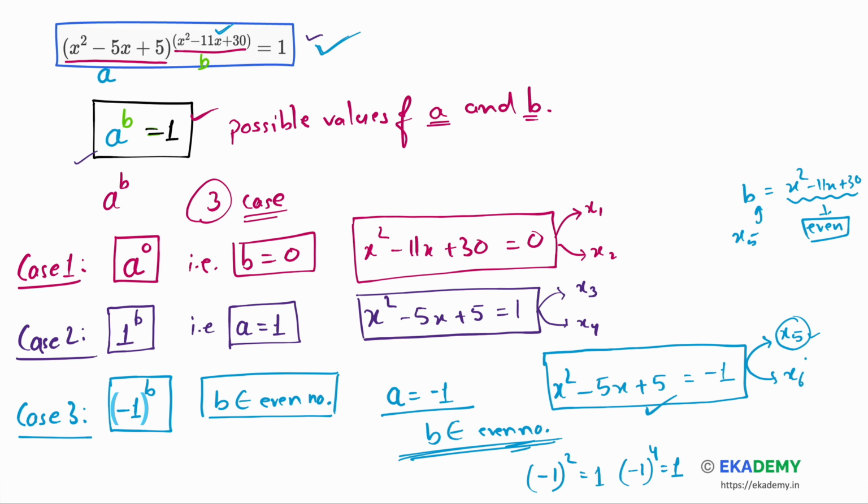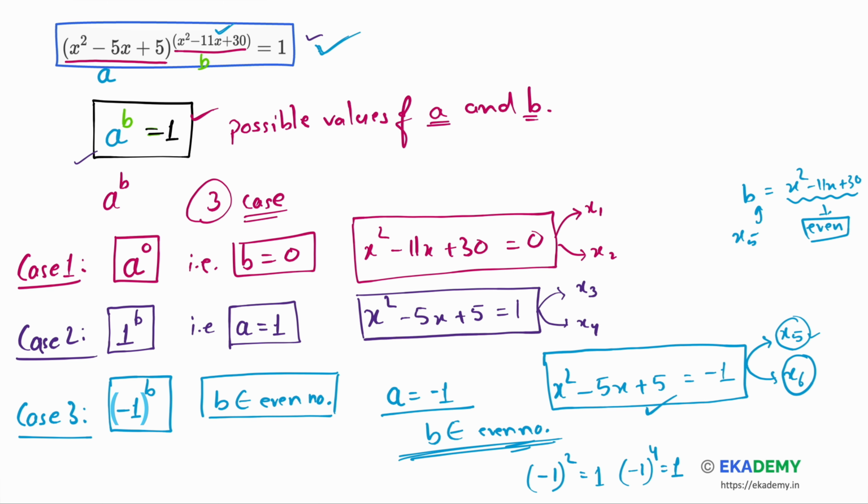So, if either of these two solutions satisfies this criteria, then they both will be solutions of the mega quadratic equation. If only one of them satisfies this criteria, then only that solution will be the solution of the mega quadratic equation. If none of them satisfies this criteria of b being even, then none of them will be the solution of the mega quadratic equation.